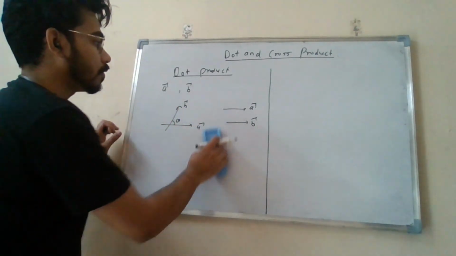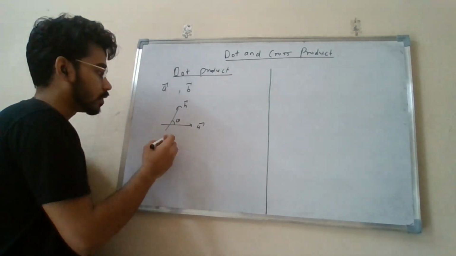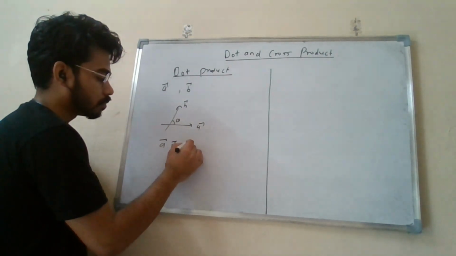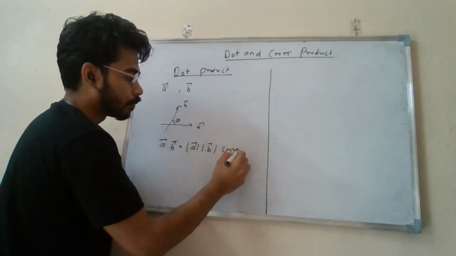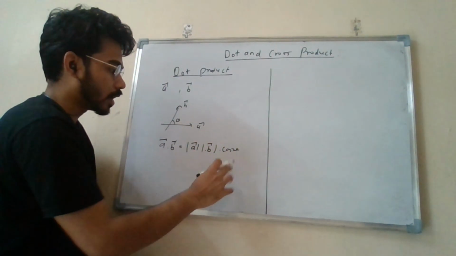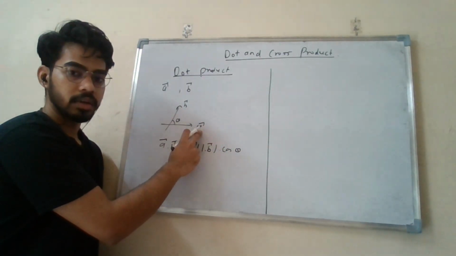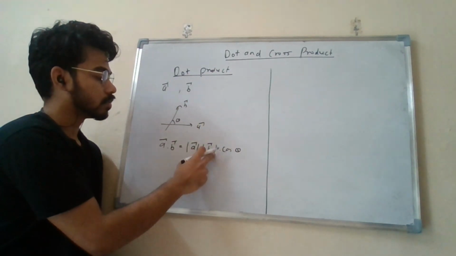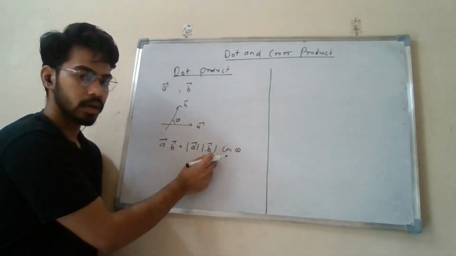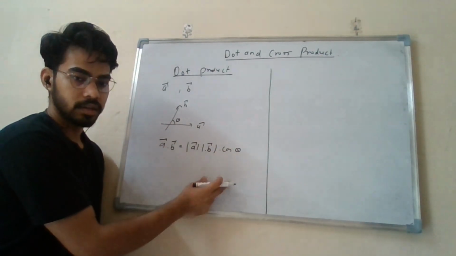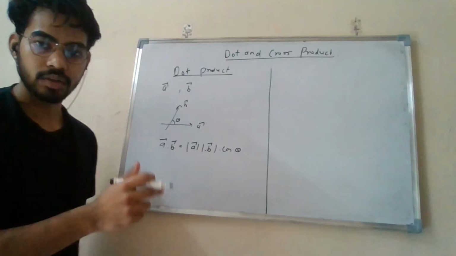If I have two vectors a and b, and the angle between them is theta, then a dot b can be written as mod of a into mod of b into cos theta, where theta is the angle between the two vectors. If I have the A vector, we can calculate mod A; if I have the B vector, we can calculate mod B. These are magnitudes, and cos theta is also a scalar number, so the complete quantity is a scalar, meaning it only has magnitude.